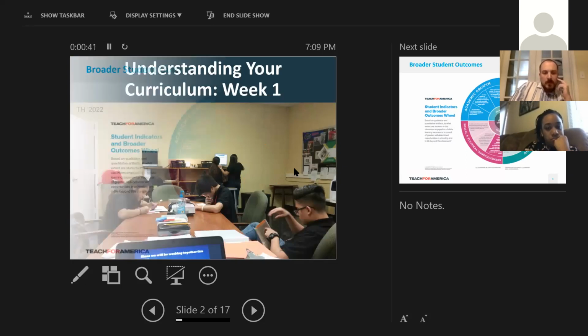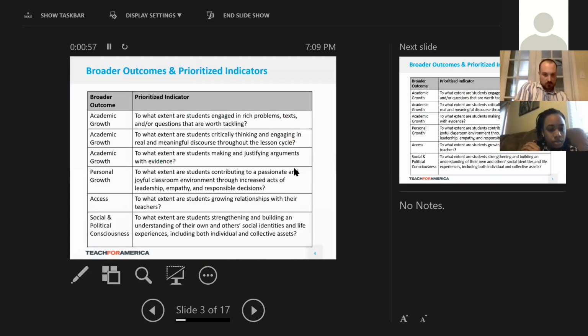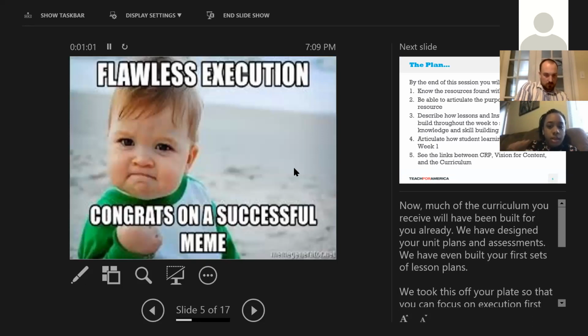Then we'll jump into the session, spend a little bit of time talking about the linkages between what we're about to discuss with curriculum, and then specifically the academic growth piece, but also socio-political consciousness pieces of the broader student outcomes. And then just going to give them a little spiel about how you're getting pre-made lesson plans.